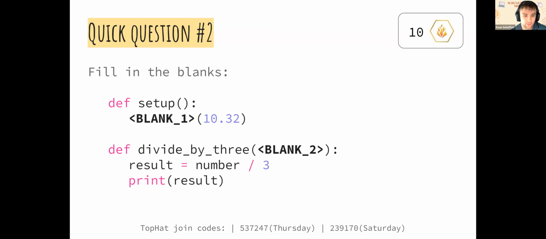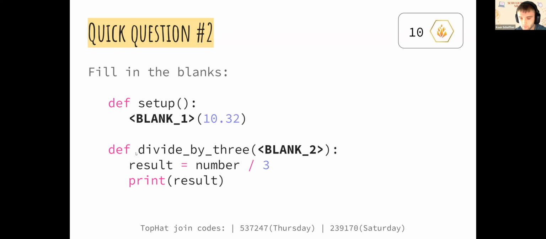For blank 2, this is where I suspect maybe you had a little more trouble. For those of you who didn't get the right answer, what's the name of the parameter that we're using now? The best way I can describe this is that we have result here, and then we're printing the result. We know that the name of our function is divide by 3.